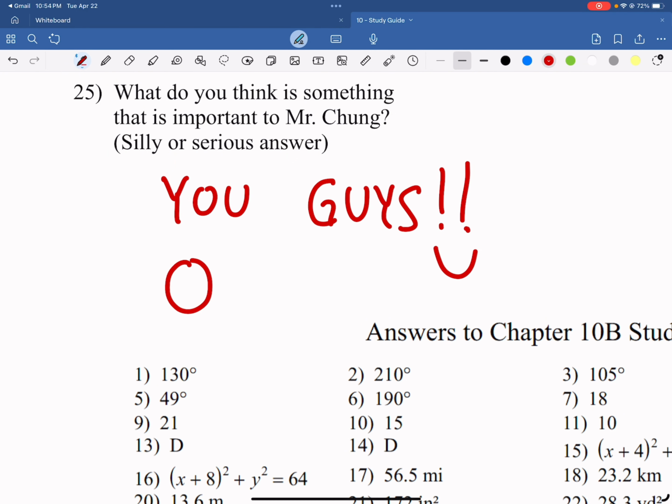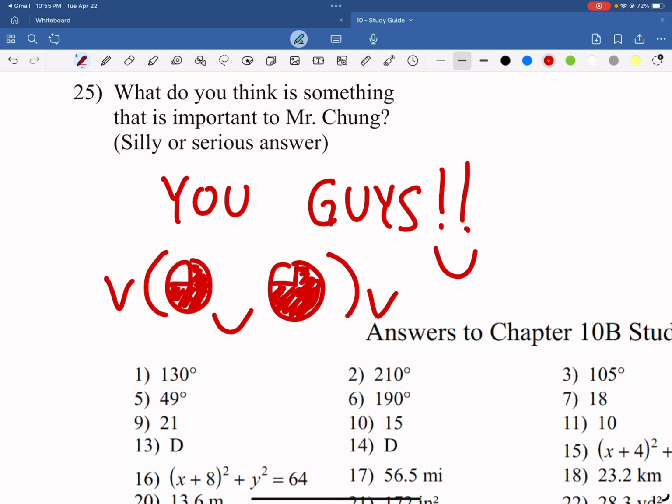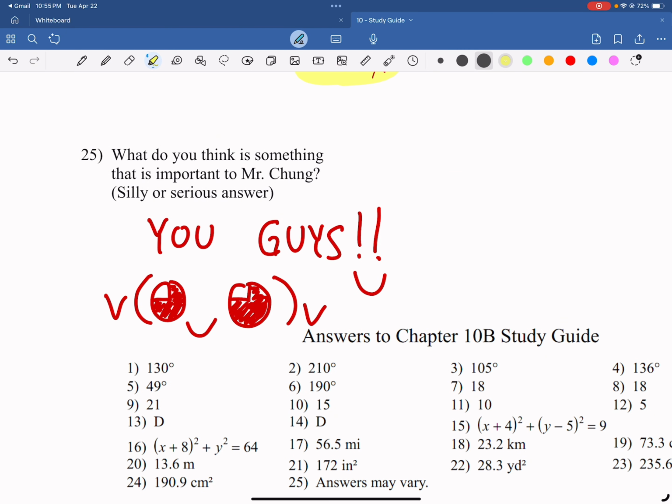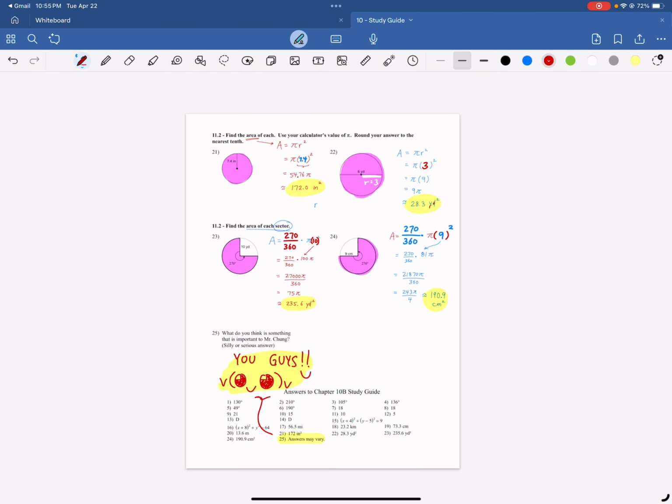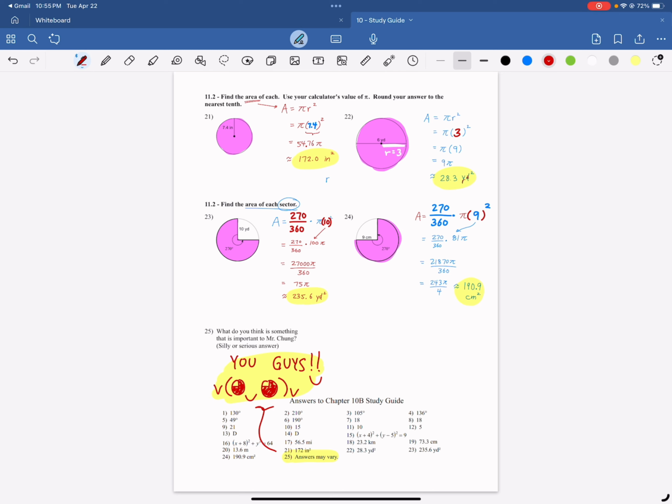You know that emoji I always draw? It looks kind of like this. And then, there you go. Peace sign? There you go. Yay! Let's highlight it. That's the most important answer of it all. I know it says answers may vary, but that is what I am going for, okay? Whew. What's important to you?